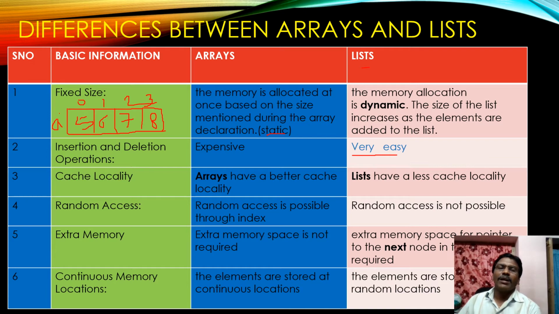If I access A[2], it directly accesses the value 7, the third position. If I access A[3], that is 8, the fourth location. If I access A[99], it is the 100th value, and you can directly access it. Based on the index, it can access any value in the array. This is an advantage of arrays. In linked lists, random access is not possible; why it is not possible I will discuss later.